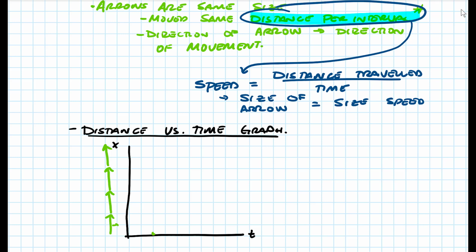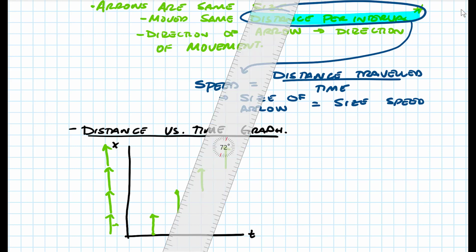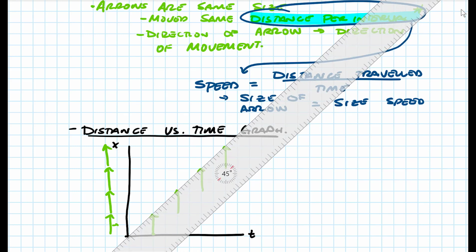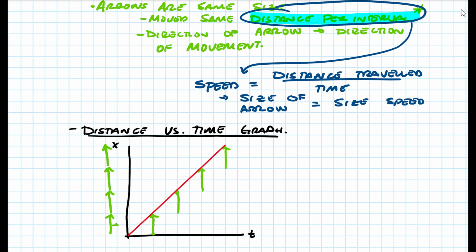So if we move that over, and move that over, and move that over. And if we wanted to connect those arrowheads, what we would get is a good indication of how we moved as time went on. Okay, this is a distance versus time graph.